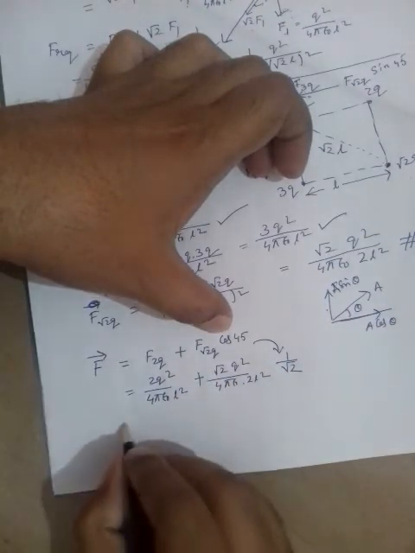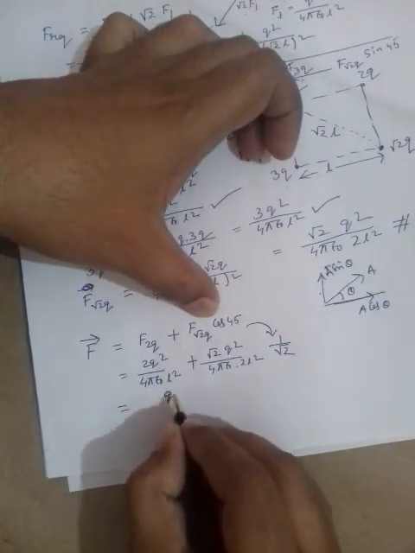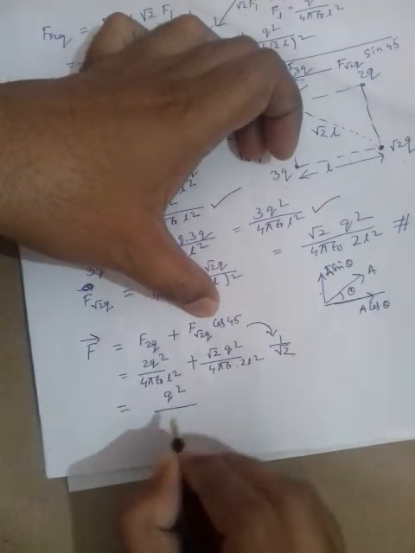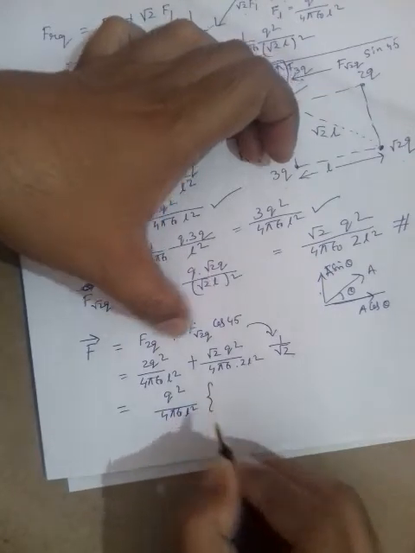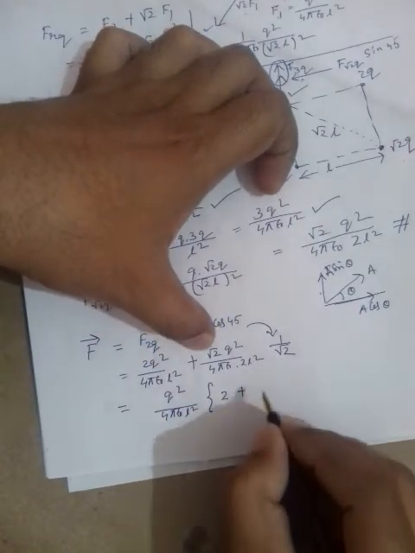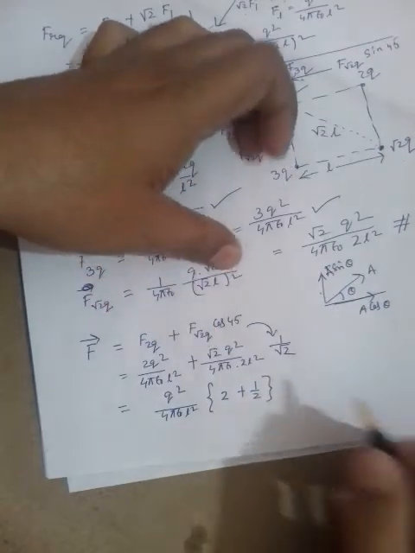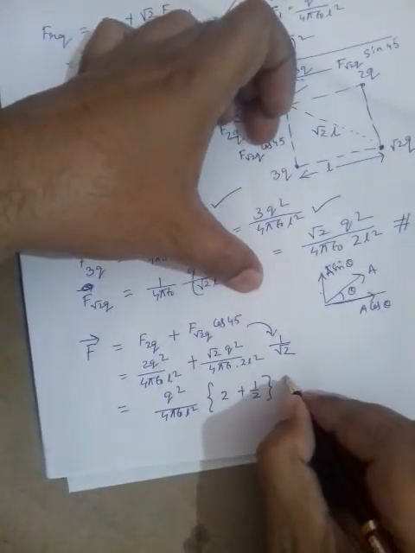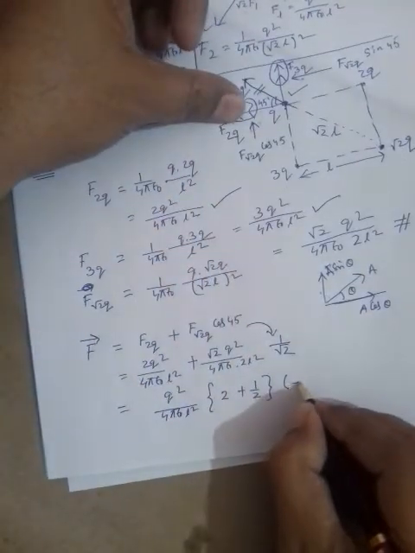Clear? So together I am going to write q square common, 4 pi epsilon naught L square also common. From here 1 2. Here root 2 and root 2 go cancel. From here 1 by 2. This force in this direction, in vector, in the direction opposite of x-axis is minus i cap.